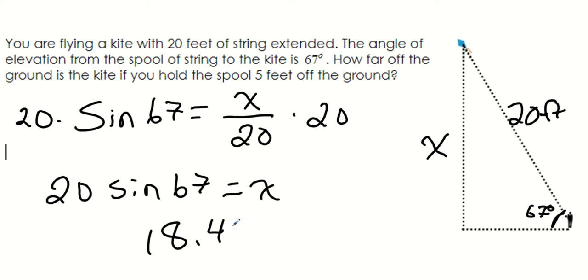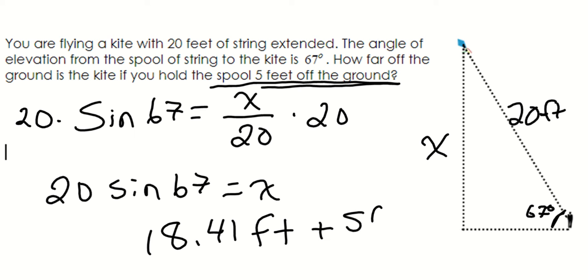And I get 18.41 feet for the height off the ground. I then have to keep in mind this little part where I'm already 5 feet off the ground. So I'm going to add an additional 5 feet to get a final total of 23.41 feet. And that's how far the kite is off the ground.